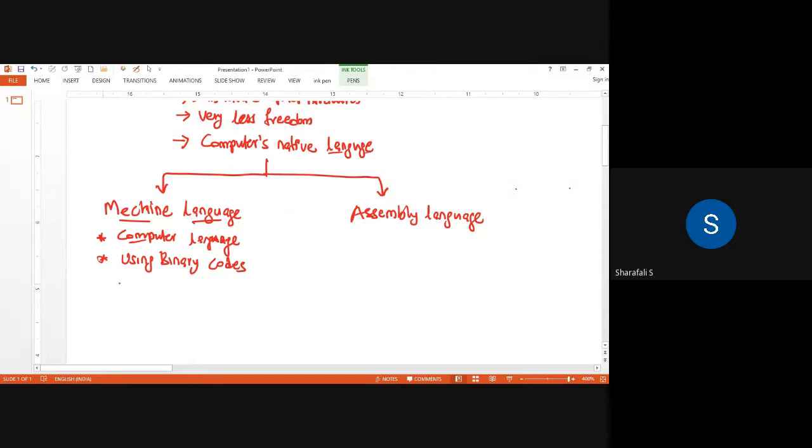That is also the drawback of machine language. It is very hard to write or create a program using machine language. Also, it is very difficult to understand.